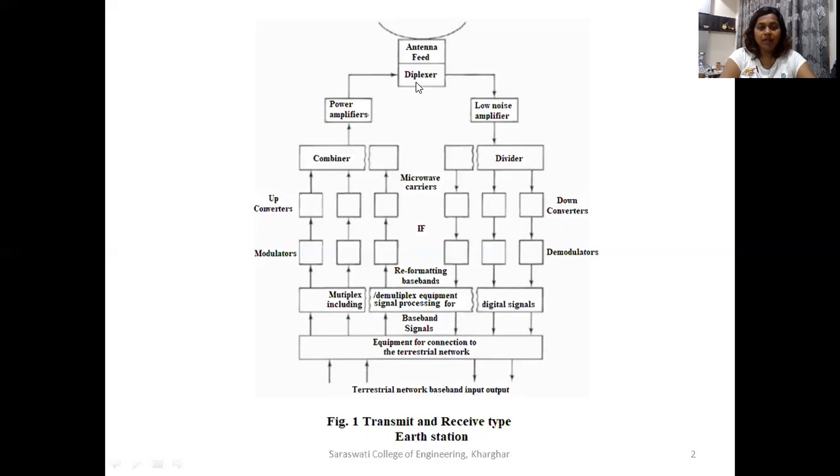Now there are two chains in this transmit receive type Earth Station. This one is the transmitter chain and another one is the receiver chain. First we'll see the transmitter chain. Here the multiplexed signals are modulated onto a carrier wave at an IF, that is intermediate frequency, usually of 70 megahertz.